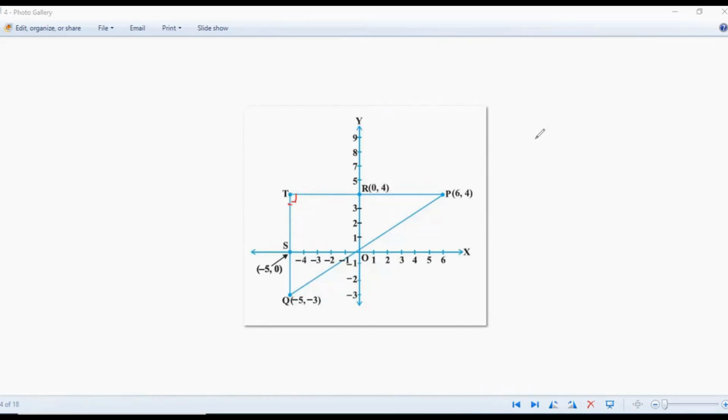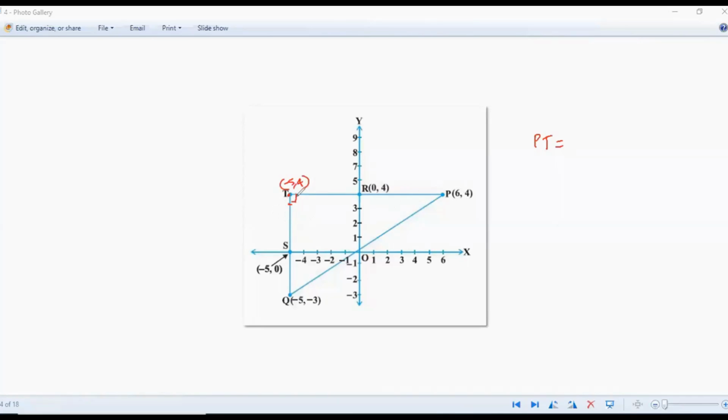What will be the length of PT here, P to T? So what will be the coordinates of T first? -5, 4. So the length of PT will be, T is 5 units away from the y-axis and P is 6 units away from y-axis.